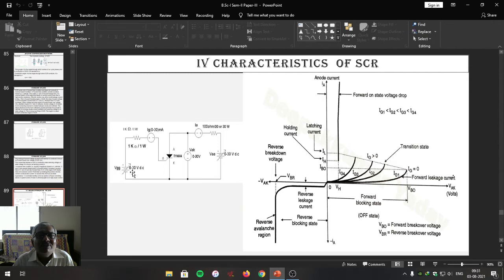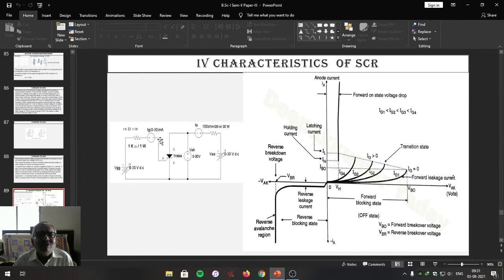Now by using VGG, change the IG, say to some other value, and again by varying VAA, measure VAK and IA, so that we get a second set for another value of IG, and repeat this for different values of the gate current.